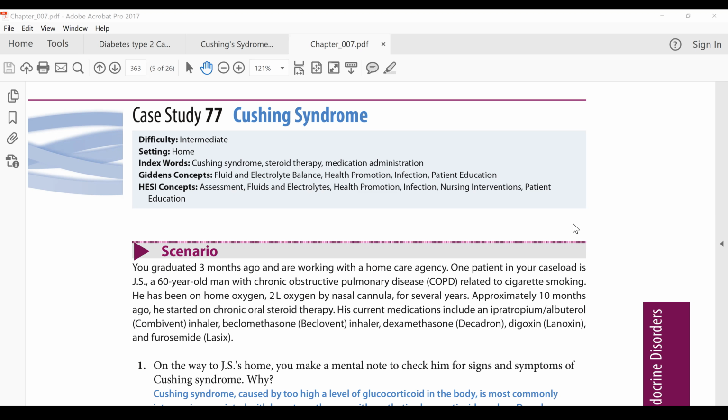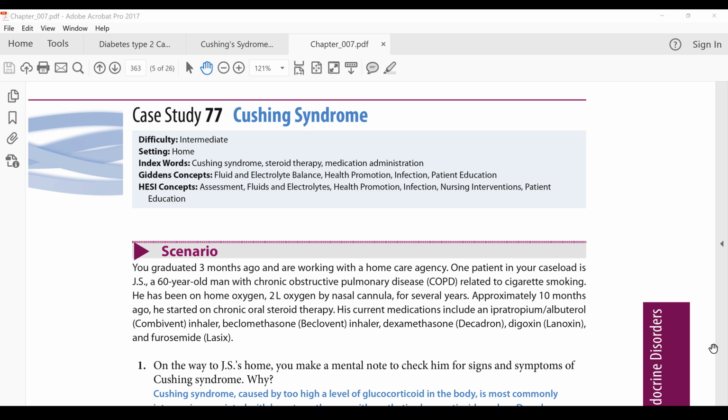We've already talked about the glucose. It also breaks down fats, proteins, and carbs, and it helps to regulate electrolytes. With the negative feedback control, the hypothalamus releases corticotropin-releasing hormone, the CRH.